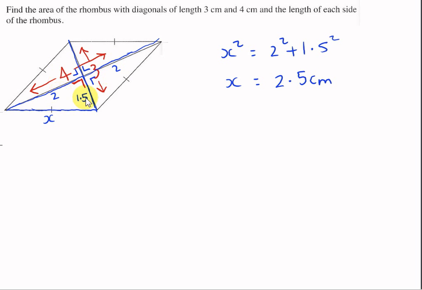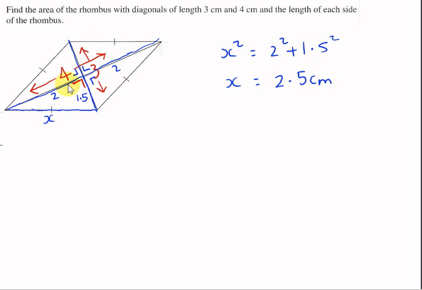In general, the four of them are not congruent though. This one here is always congruent to this triangle in any parallelogram, but this triangle is not in general congruent to the one next to it. Now it is in this situation. For the situation of a rhombus it is. We can see we have 4 congruent right angle triangles.